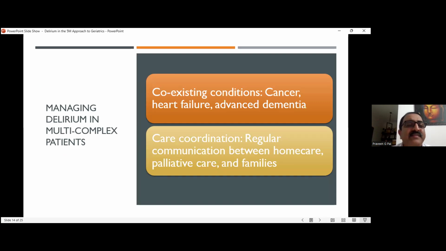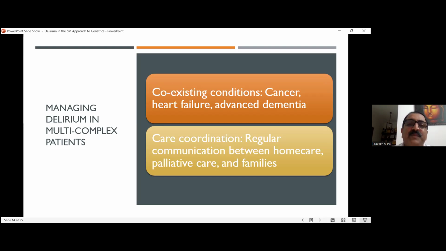So this is in case of multi-morbidity. Again, in multi-morbidity, we have to take a call on what has to be treated, what need not be treated, or how to treat. All these things have to be communicated with the person if possible.